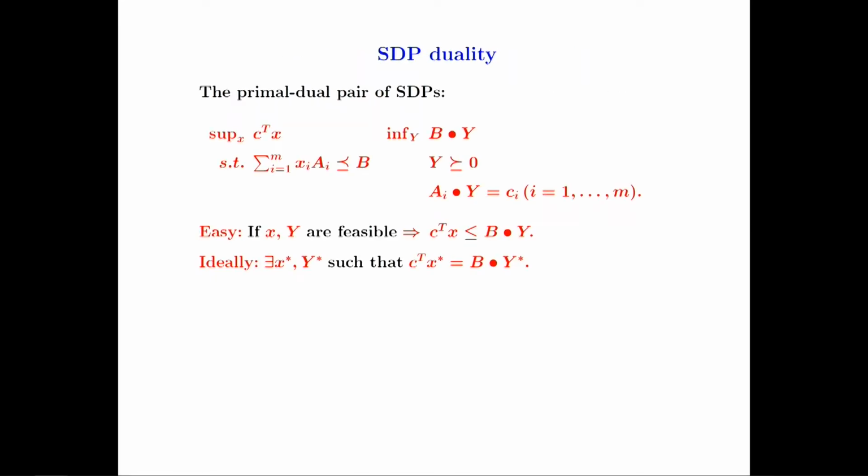So duality. We can take this SDP, which is a maximization problem, a supremum of a linear objective subject to that linear matrix inequality, right? And it has a dual. The dual is that we have a Y positive semi-definite variable matrix, and we have a bunch of linear equations.